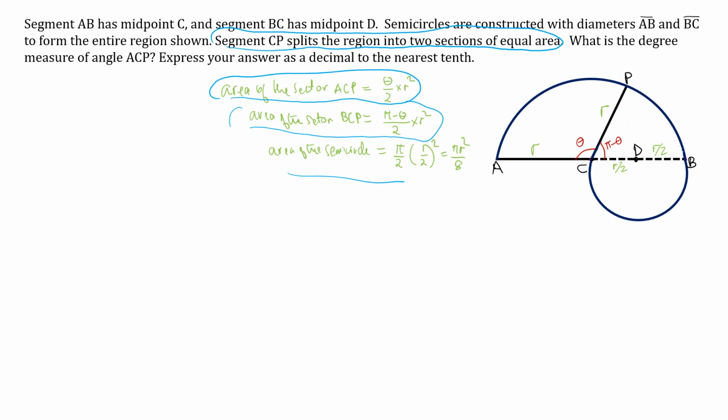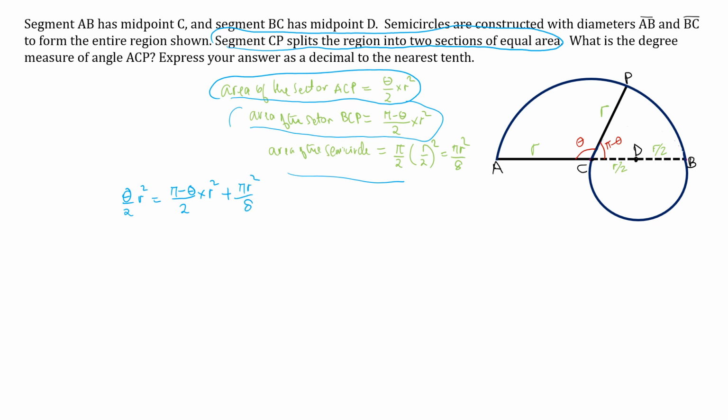So I'm going to write it as theta out of 2 r square equals pi minus theta out of 2 times r square plus pi r square out of 8.